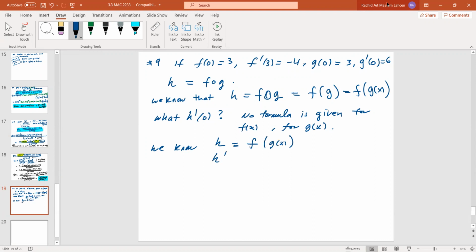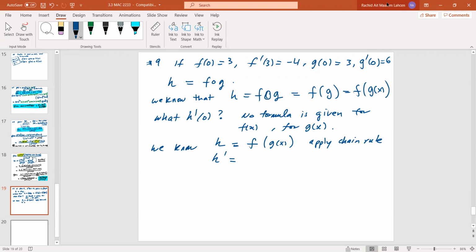So if you want the derivative of this, we need to apply the chain rule. Applying the chain rule, it's very important to notice, not to memorize, but to notice and apply.